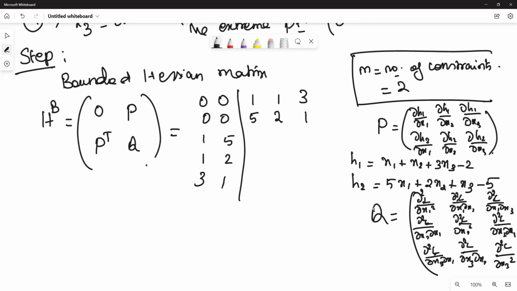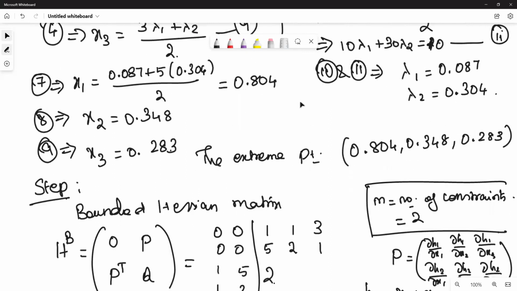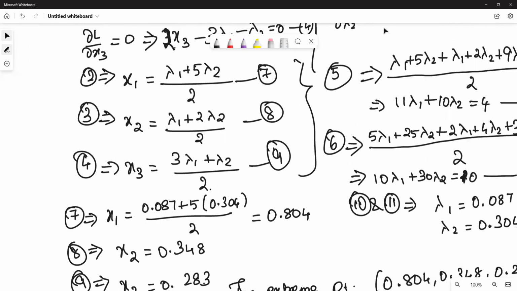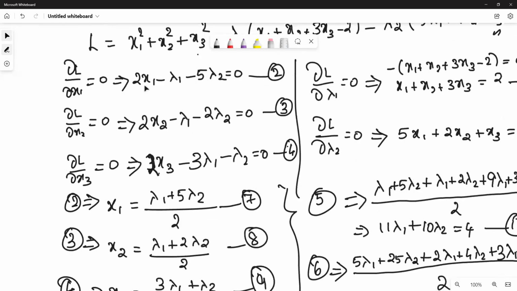Okay, so already we have found dou L by dou X1, dou L by dou X2, dou L by dou X3. We are going to find the second derivatives. What is dou L by dou X1? We have found 2x1 minus lambda 1 minus 5 lambda 2 is equal to 0. The second derivative with respect to x1 will be 2, which I got from the first derivative already found.